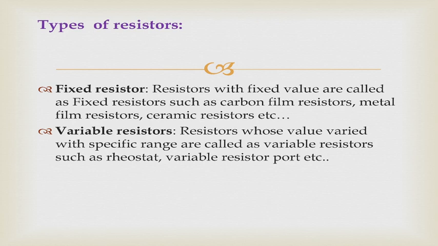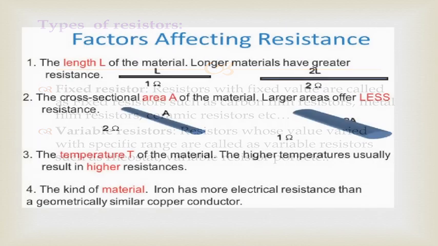Whereas variable resistors have the ability to vary over a particular specified range, so they are called variable resistors. A variable resistor pot is one example of it.